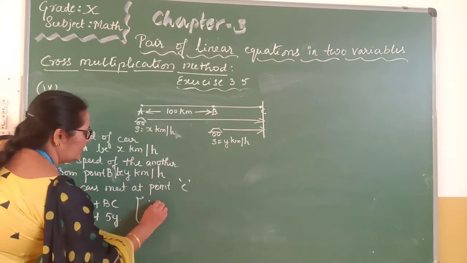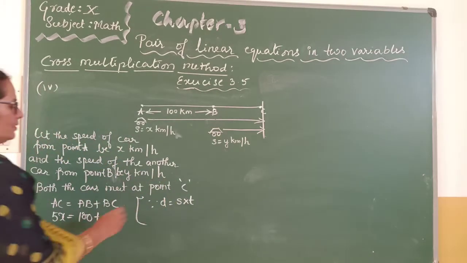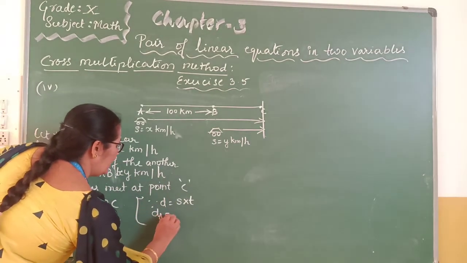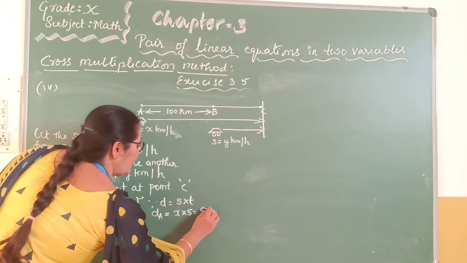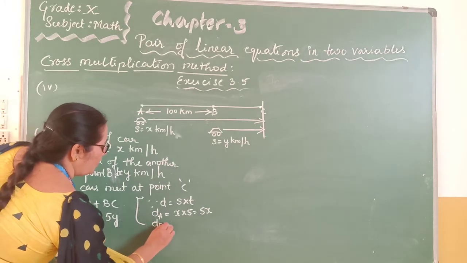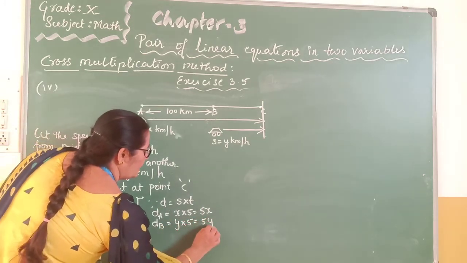Distance equals speed into time, so the distance from point A is 5x, and from point B it is 5y.